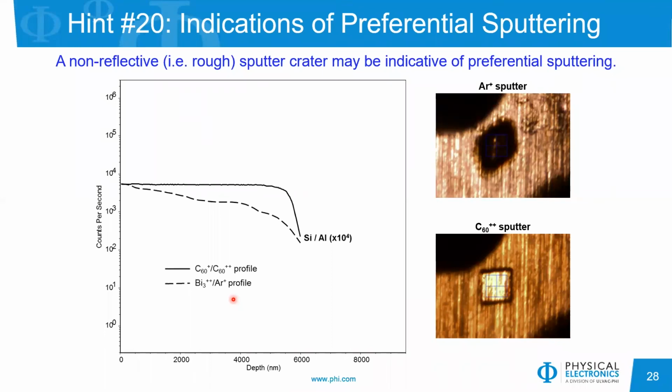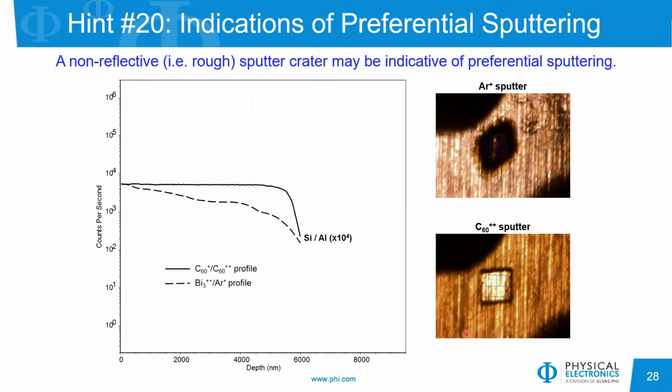The expected composition was a uniform silicon to aluminum ratio. Of course, our default sputter beam, monoatomic argon, produced this sputter crater that was dark at the bottom, and that depth profile is shown here by the dashed line. We see that as a function of depth, the silicon to aluminum ratio changes.